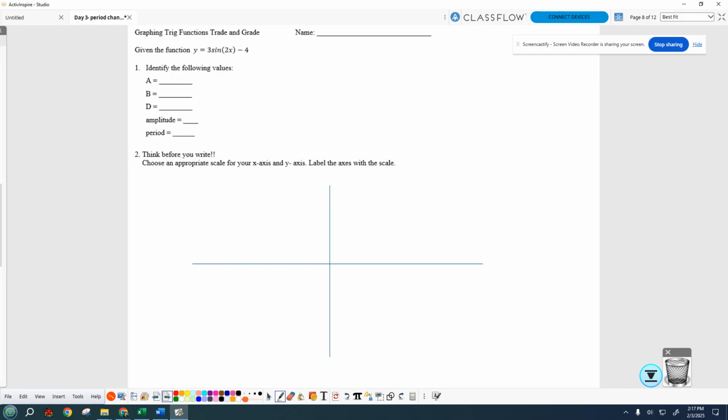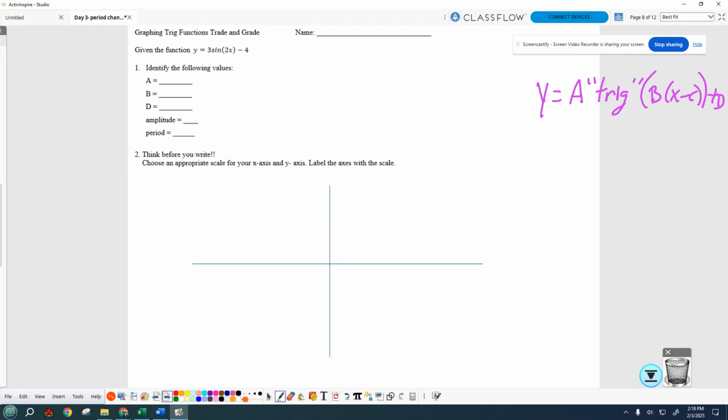Who's A, B, D? So what do those letters do? When we change those, I'm just asking you to pull the information out of the equation. B is the number that's multiplying x. A is the number that's multiplying the trig function.